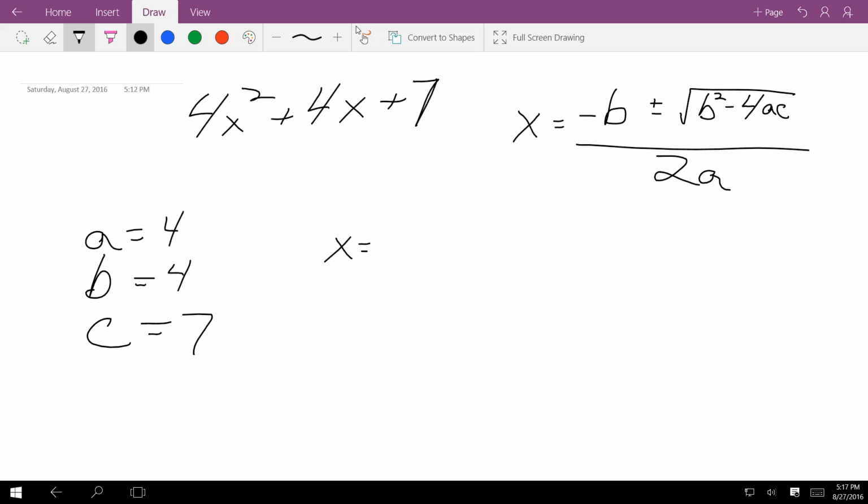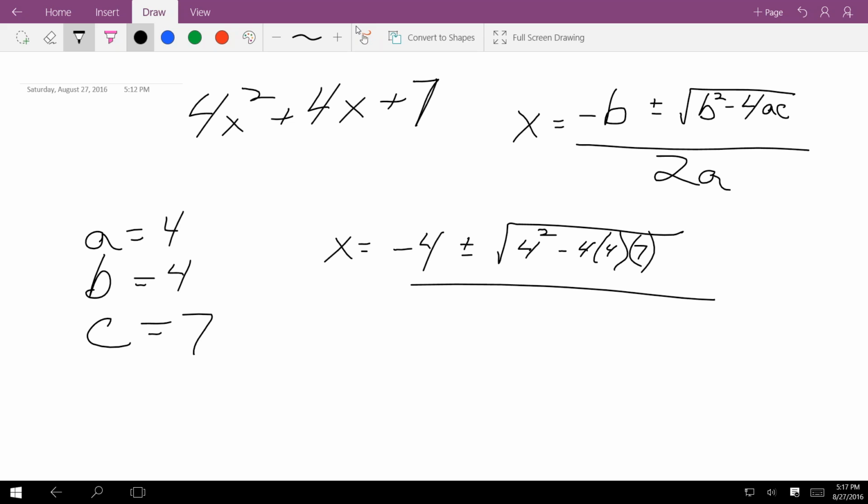If I plug it in to the quadratic formula, what's minus b? Minus b is minus 4, plus or minus 4 squared minus 4 times 4 times 7, all over 2 times 4.